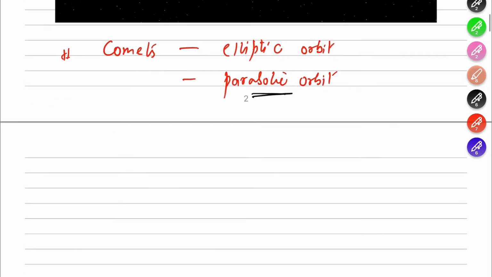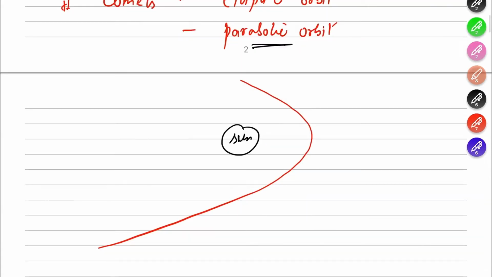Suppose this is the sun, and the comet has a parabolic orbit, something like this. It will come once and then move away.